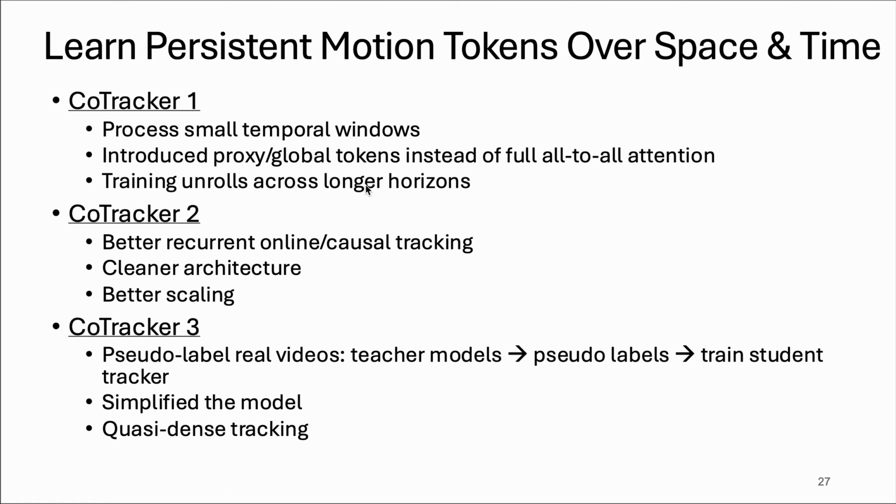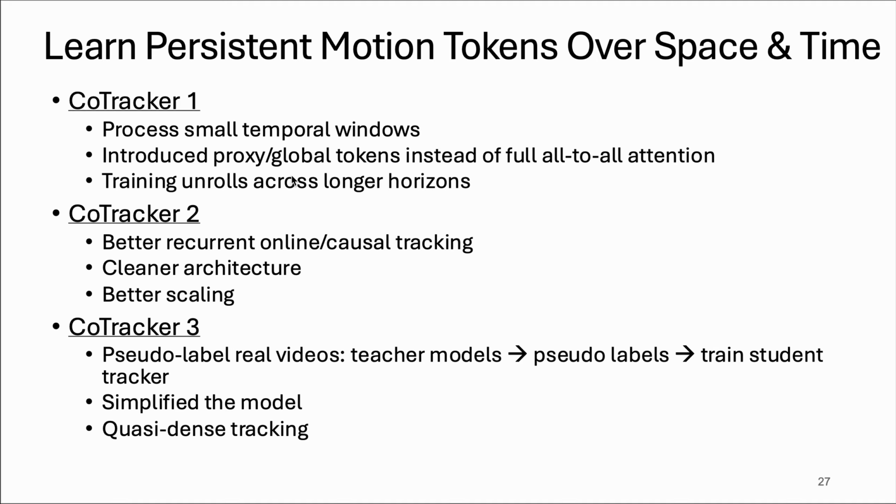The main idea was proposed in a series of papers developed from CoTracker 1, 2, 3. The main idea was proposed in CoTracker 1. Like we mentioned, it tries to solve the tracking problem across temporal windows.